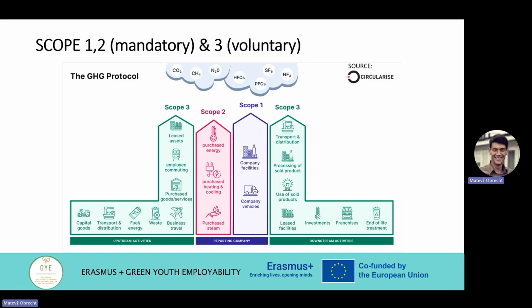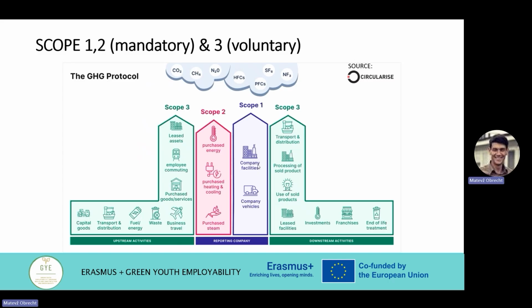That means we are not directly causing this impact on the environment, which is caused, for example, in the power plant producing the electricity, but we are spending this electricity. That's why it is included in our carbon footprint. So this is scope 1 and scope 2: everything that we emit, everything that comes from driving and delivery with company vehicles, and all the electricity, heat, and steam that we buy on the market.